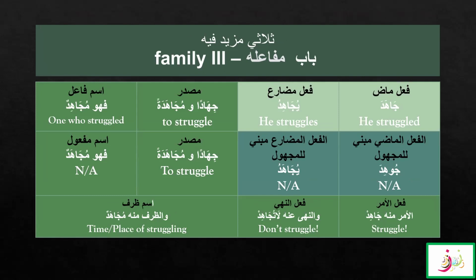So Juhida, again the U-E sound, and here Fale Mudari Mabni Lil Majhul, Yujahadu, is the same sound. And it is not important to do these Saf Kabir charts now, as when it will be useful we are going to do this, inshallah. But you can do it for your practice, like juhida juhidata juhidna juhidta juhidtuma juhidtum.